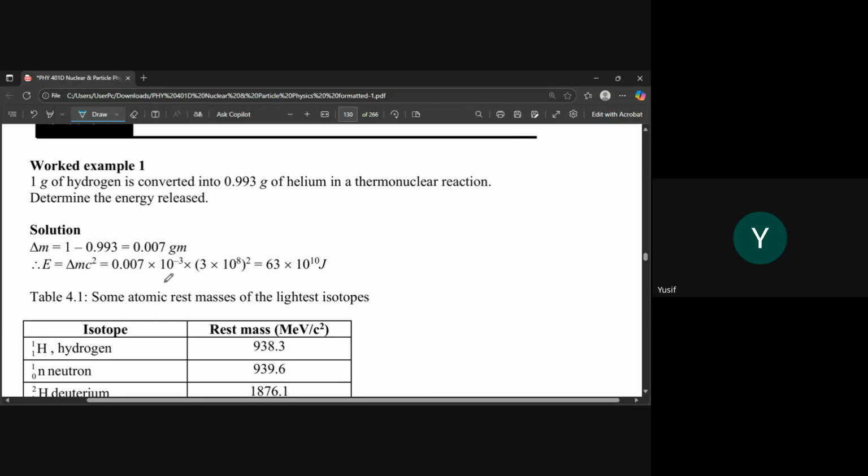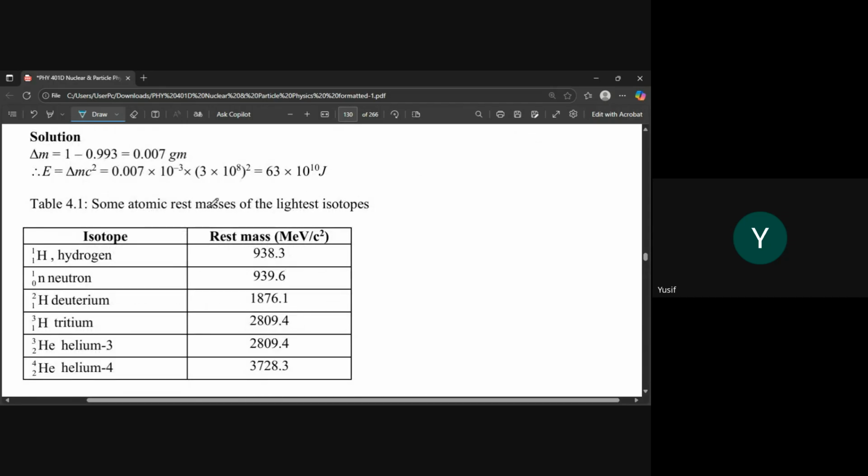Okay. So now we have some atomic rest masses of the lightest isotopes. We have hydrogen, neutron, deuterium, tritium, helium-3 and helium-4, and the rest masses they have. So if we want to find the energy produced as they undergo a fusion reaction, you can easily go ahead and estimate the energy produced.